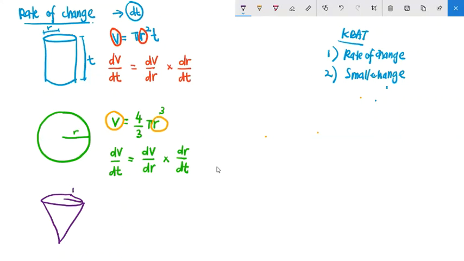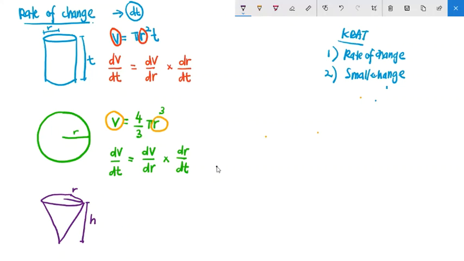This is R. This is T. Or kita change lah pakai height, nanti confuse pula dengan DT. Okay, sorry. This is H. H lah.